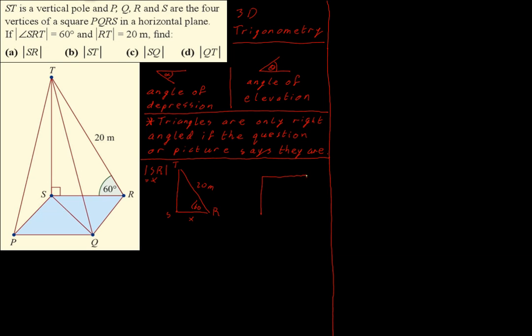The square that's a horizontal piece, SR, the side I'm looking for, and PQ. And I have a line going between those two. Do I know anything else about this shape?